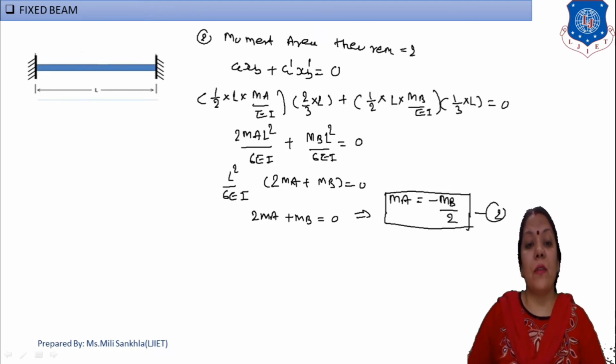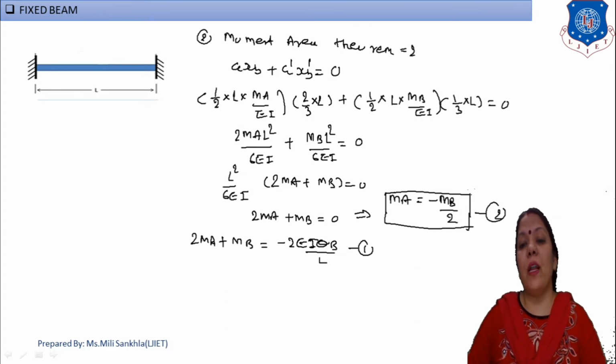Now our first derivation was 2MA plus MB is equal to minus 2EI theta B by L. This is my first derivation. Now here I put the value of MA is equal to minus MB by 2.